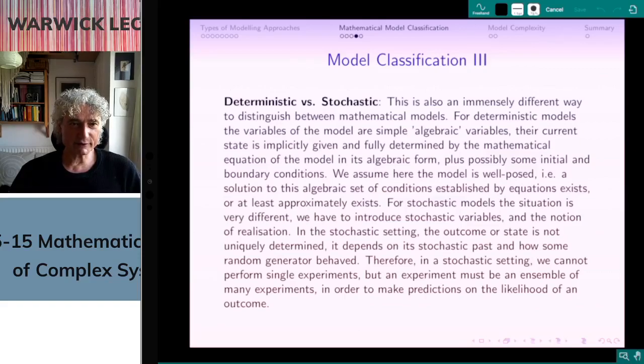Historically, because mechanics was so important in early science, deterministic modeling was, of course, the choice, and it was a whole mindset, and many people have struggled to move away from deterministic modeling.